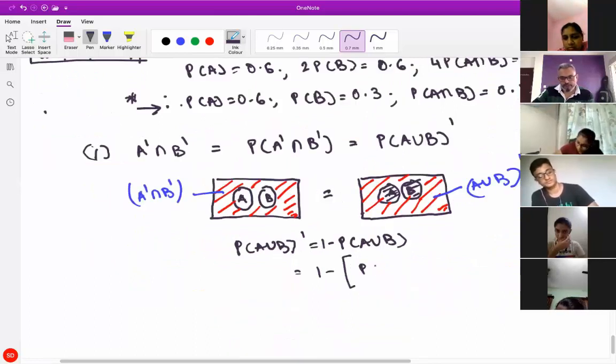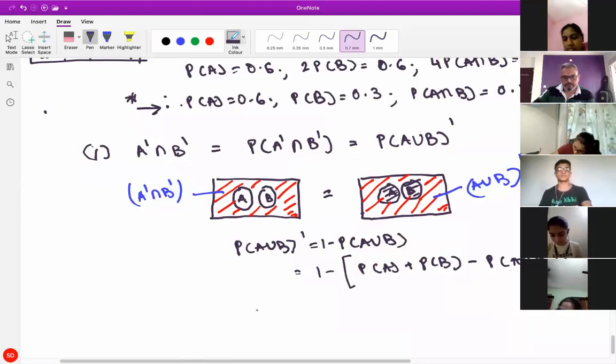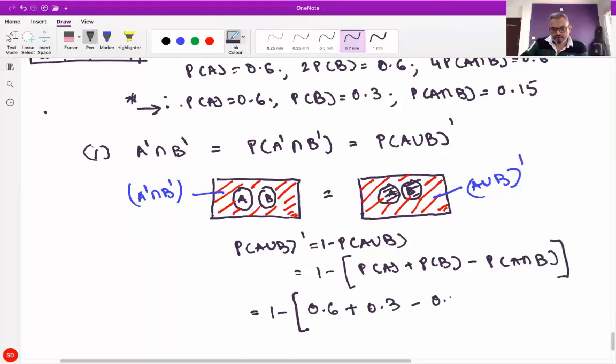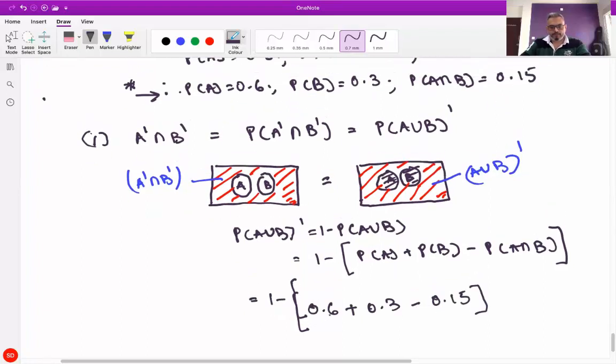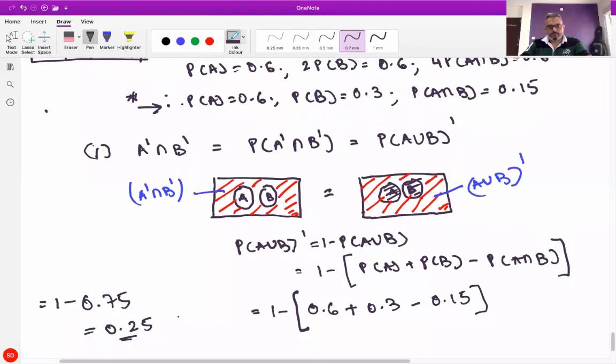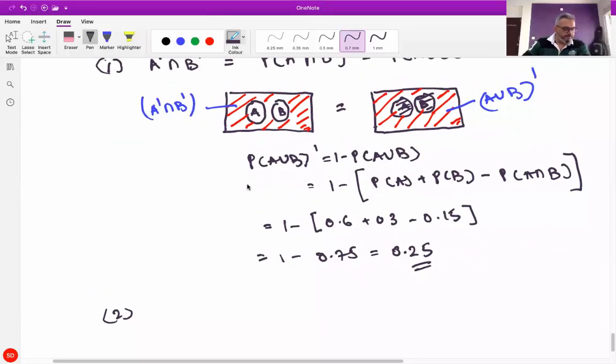We have to find out: P(A) plus P(B) minus P(A ∩ B). So it is 1 minus (0.6 plus 0.3 minus 0.15), which is 1 minus 0.75, which is 0.25. Please write this. Now let's go to the second one.